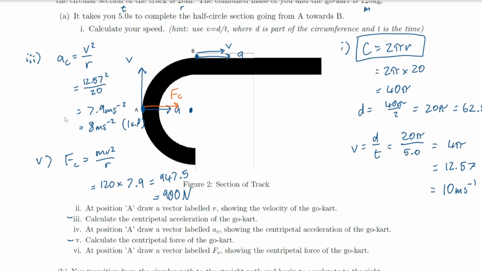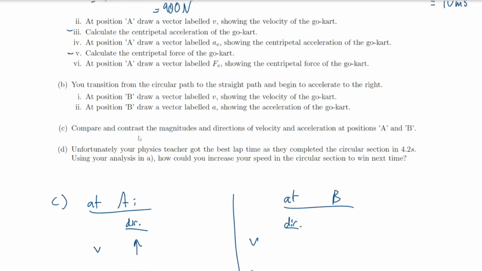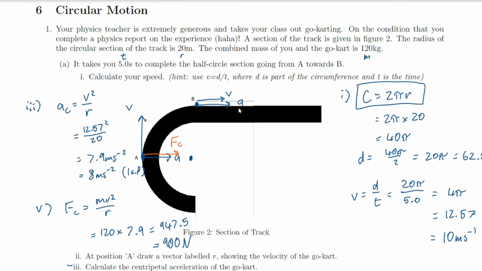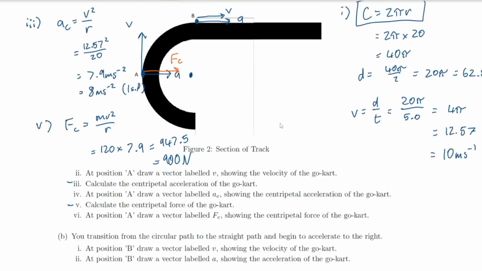And acceleration also has a constant magnitude of 8 meters per second squared. So for magnitude at A, velocity is constant, and acceleration is also constant. Now at B, velocity and acceleration are both to the right.